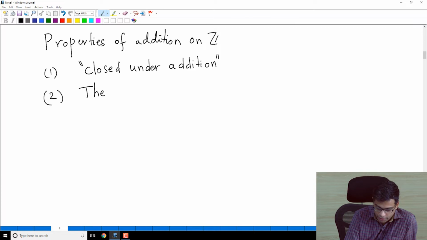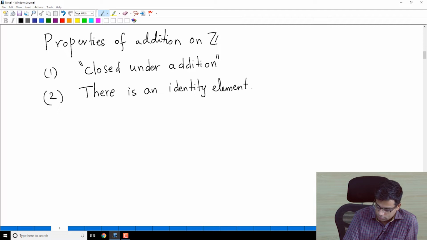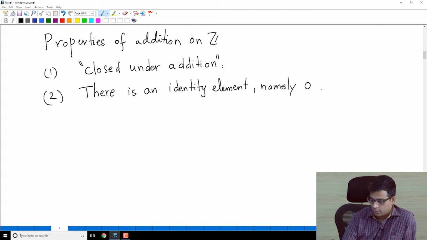The second property is there is an identity element, namely 0. The 0 is an identity element.